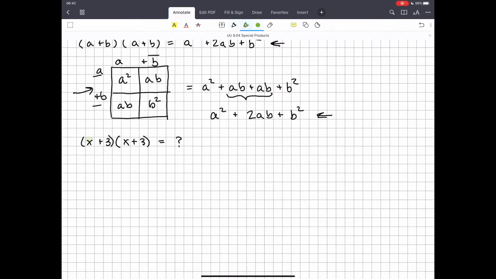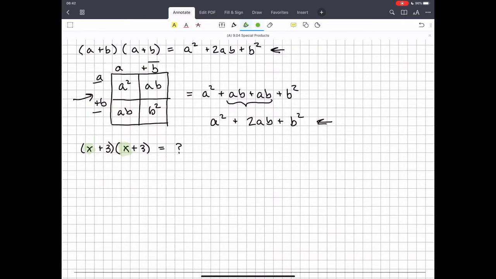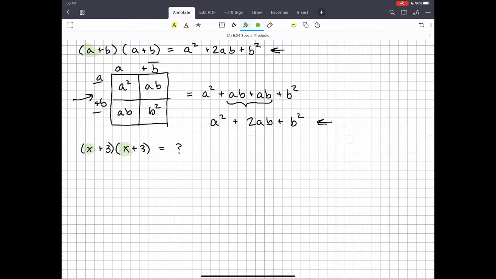I know that the x here in the binomial represents the a term from the example up above. And we know from our work that a times a is a squared. So I'm just going to put here that a squared equals x squared.